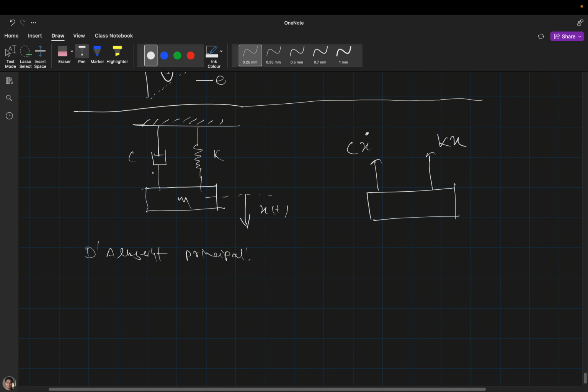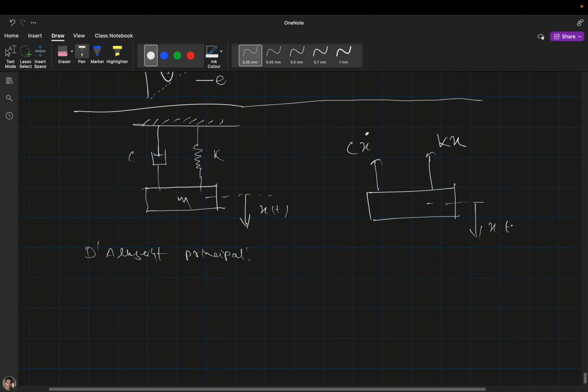Because of this damper, the force acting in the opposite direction on the mass will be c times v, and I am writing v as x dot. And the spring will act with a force kx in the opposite direction of the motion of this block.